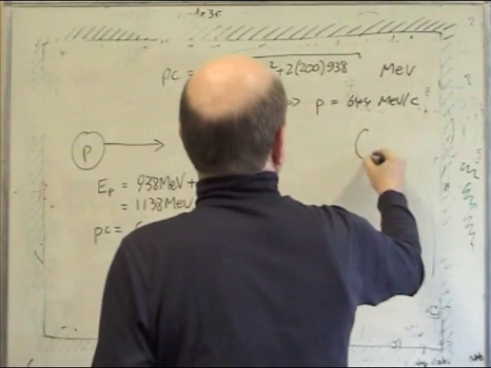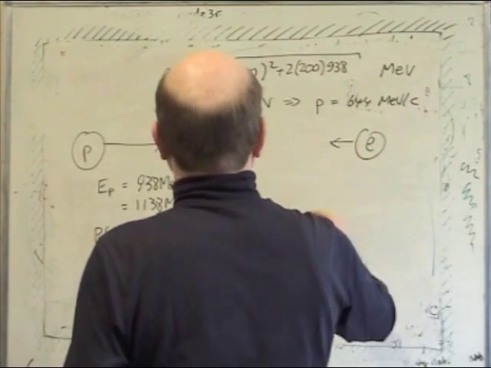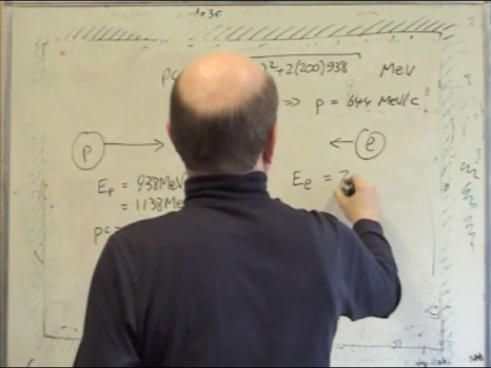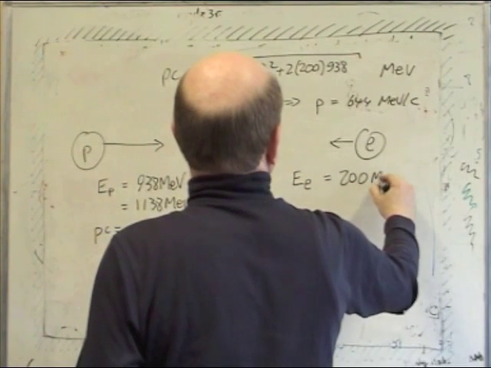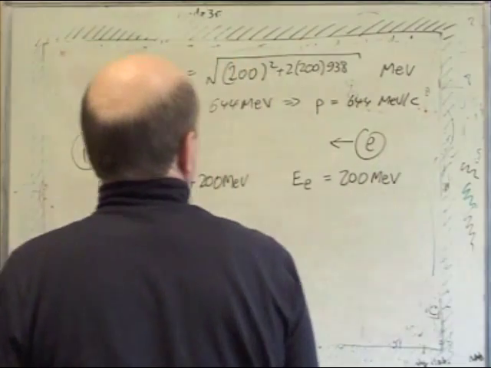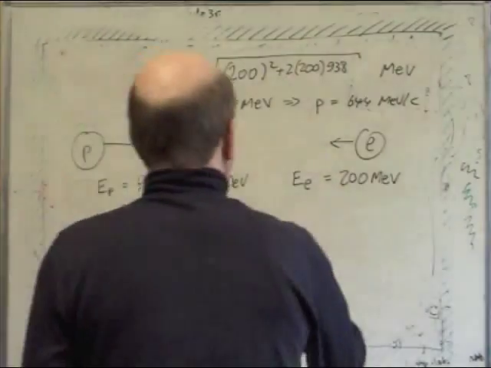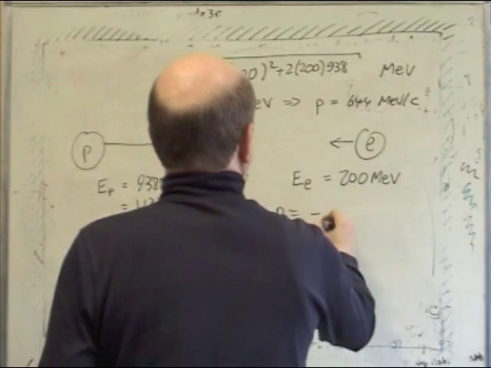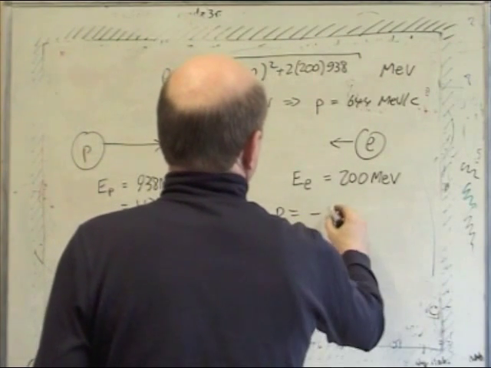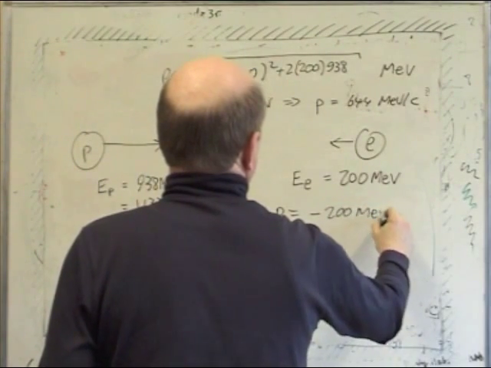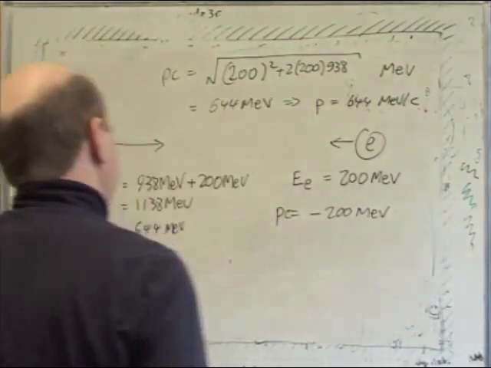The electron coming in from the other direction has a total energy of 200 MeV. You can neglect the rest energy, because it's only half an MeV, which is less than a 1% correction. Its momentum is minus, remembering it's going the other way, so you've got to be careful with that, 200 MeV upon C, so that Pc is just 200 MeV.